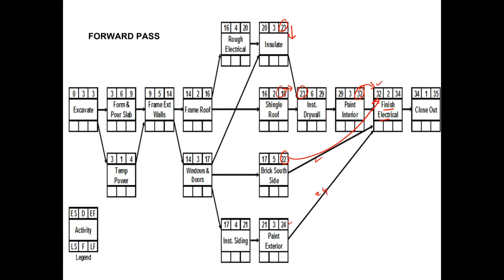Okay, so it's pretty simple. We will do the forward pass, and once you have done the forward pass, the early finish of the last activity becomes the late finish of the last activity.